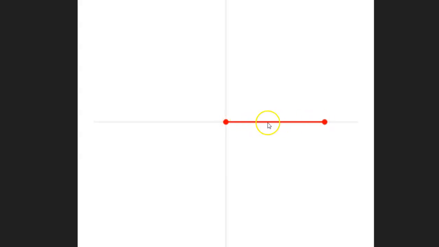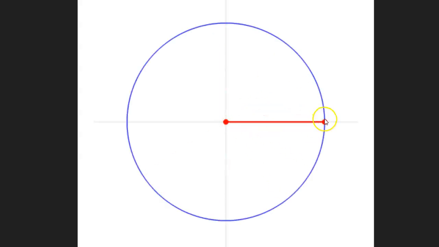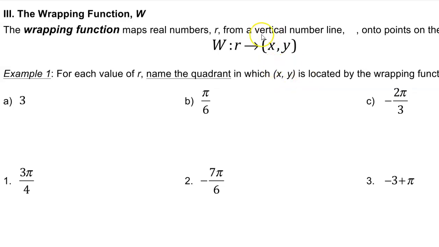Starts with a straight line of a radius, and then they tilt it up, and then they wrap it around, right? So the radians are based on the length of the radius. So we have to have some way of taking this straight line and making it curved on this unit circle. All right, so that's what this is alluding to right here.